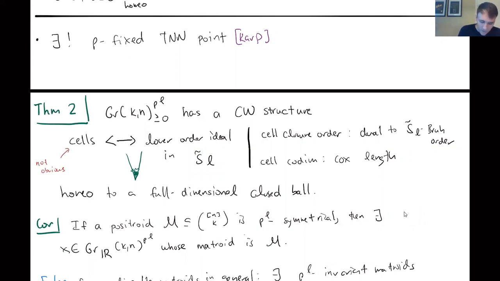But if you want to study this object, you'll get a much larger order ideal in the affine Bruhat order, but it's still the right kind of combinatorics. And then all the same statements hold. Cell closure order is Bruhat order, cell codimension is Coxeter length, and the entire space is a closed ball that's full dimensional in the ambient variety.